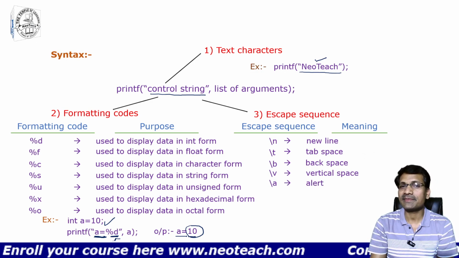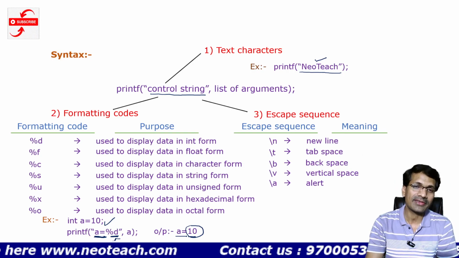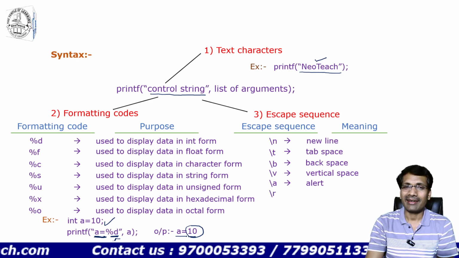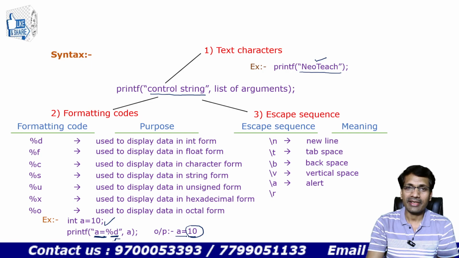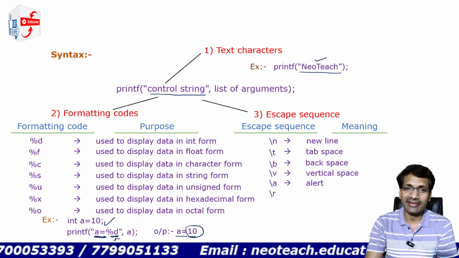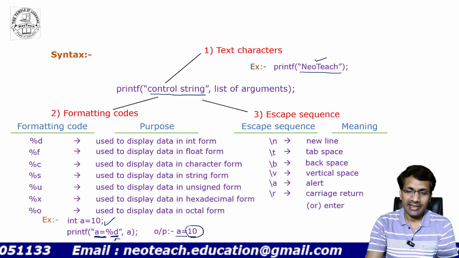If you want a beep sound somewhere, then you go for this. In a graphical program we usually use this \a. And return, like enter: if you want to submit somewhere and automatically perform the action of the enter button, then you go for this. These are the special things.